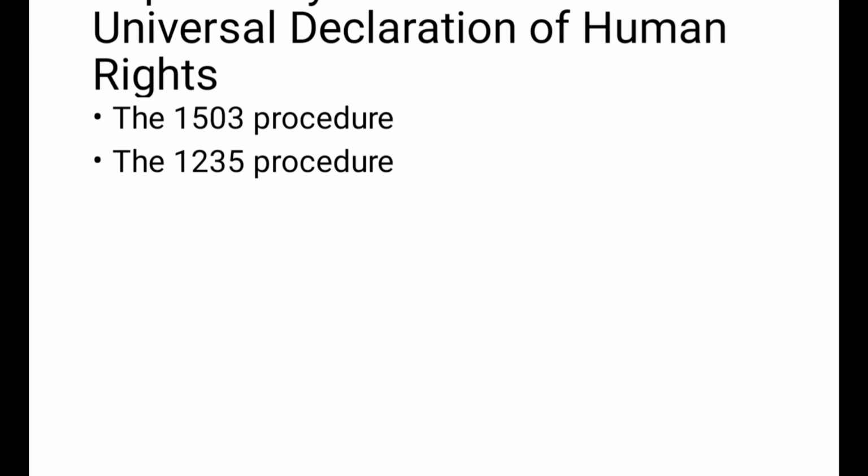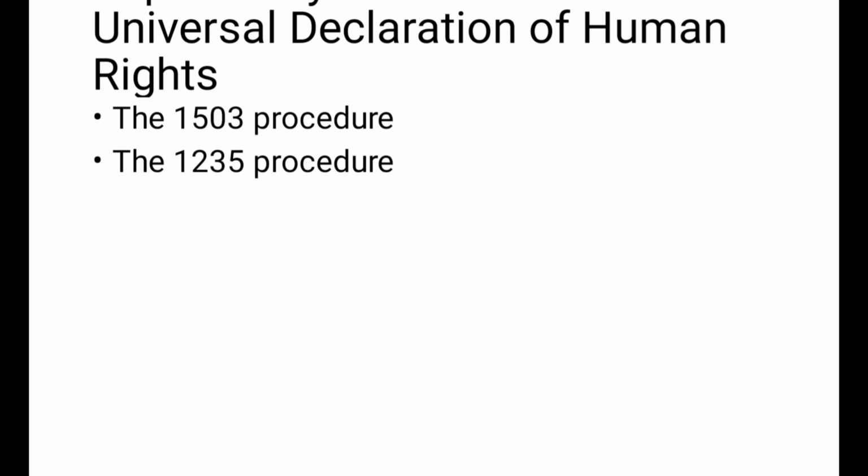Now, through this procedure, the Commission on Human Rights may investigate particular countries, or particular issues. The issues may be country-based, for instance, the Ad Hoc Working Group on the situation of human rights in Chile, or thematic studies like religious intolerance and discrimination, right?